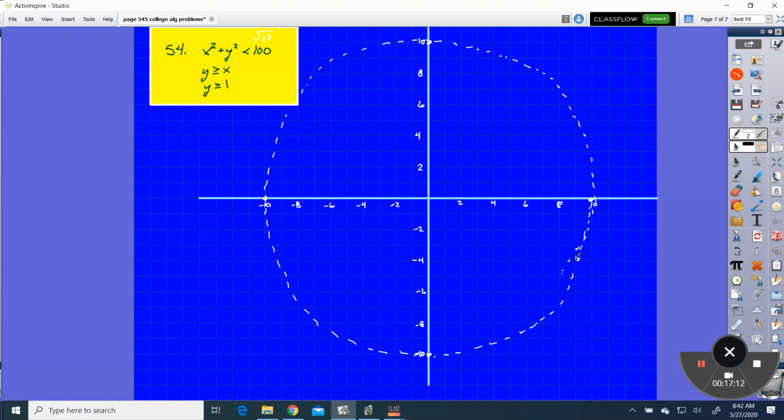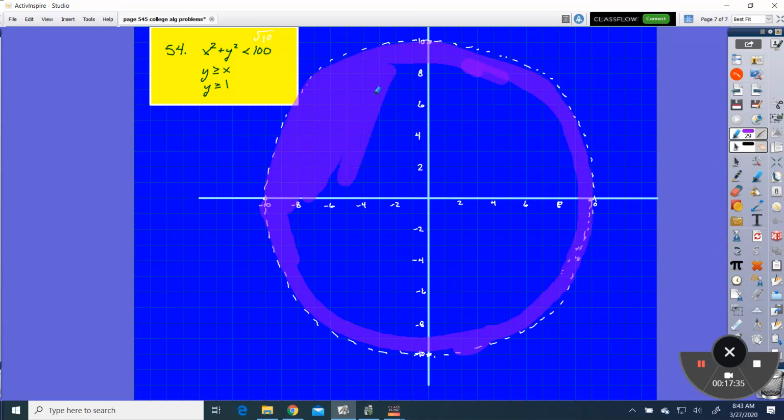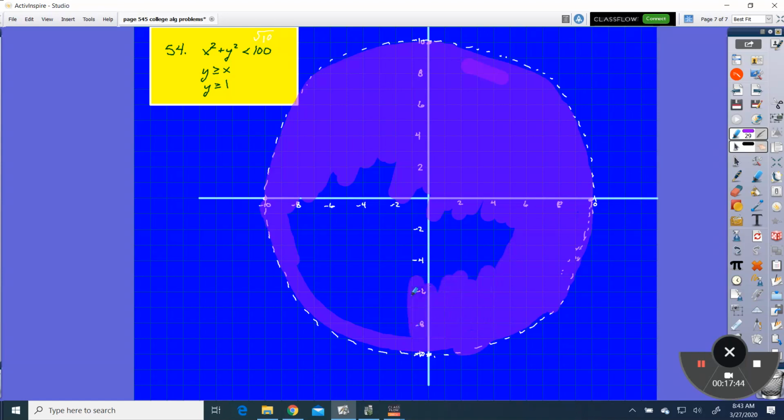Now it says less than is shaded on the inside. So there we go.